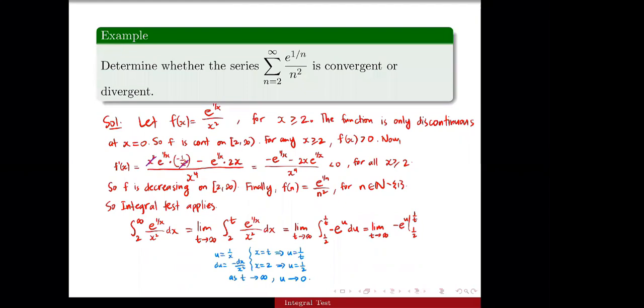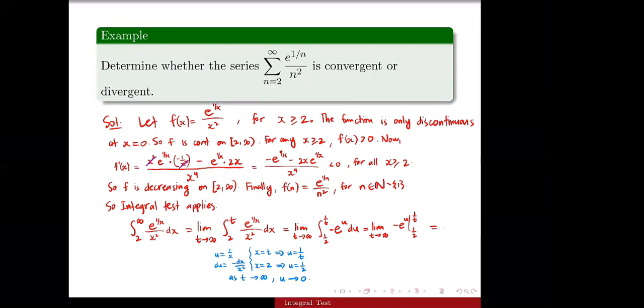And then what is this? We will have the limit as t approaches plus infinity. I think I will need more space, so I'll put it down there. So let me put the continuation on the next page.